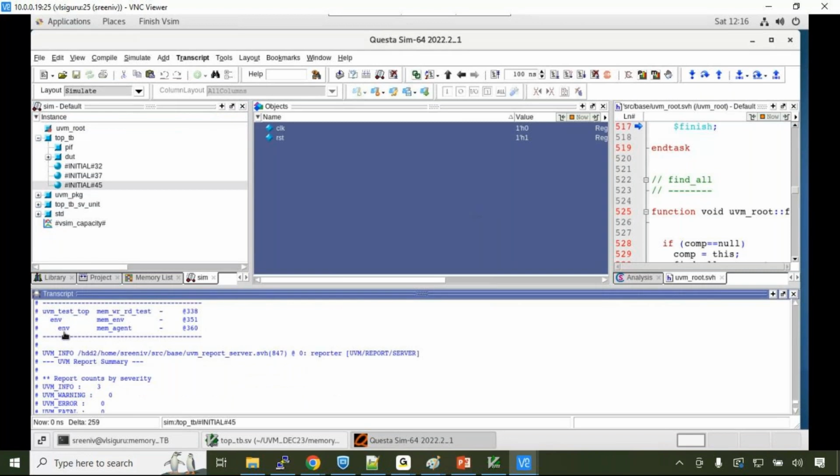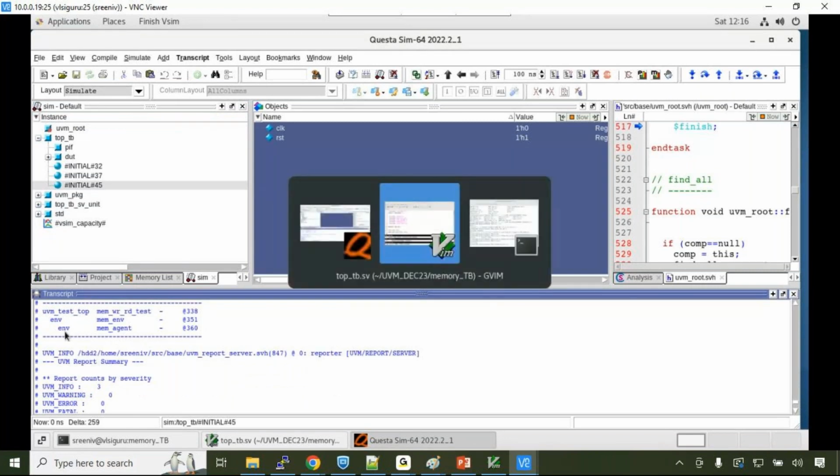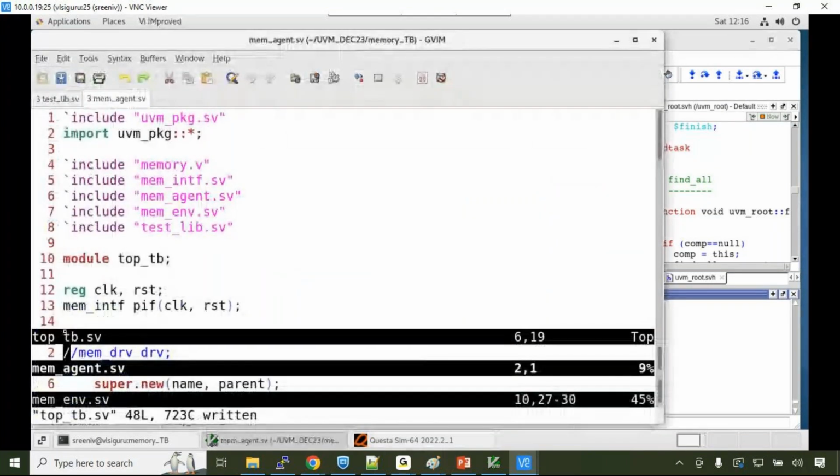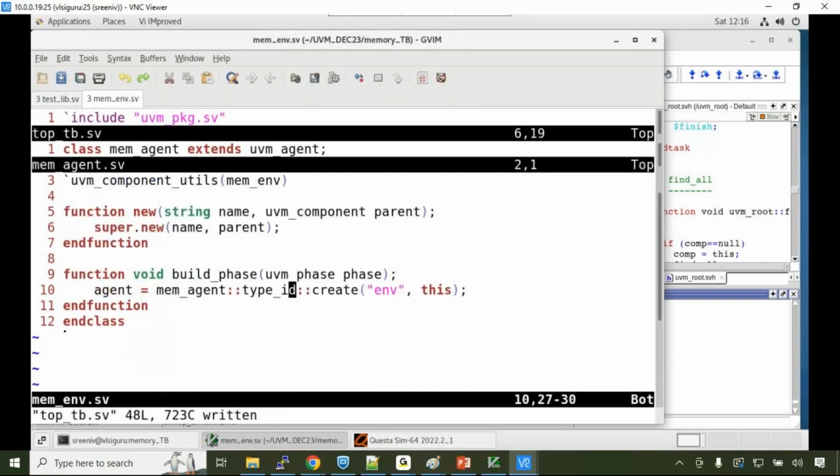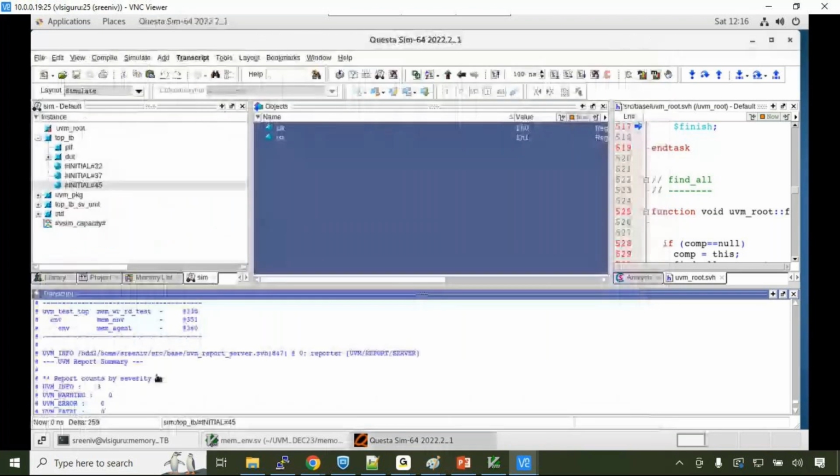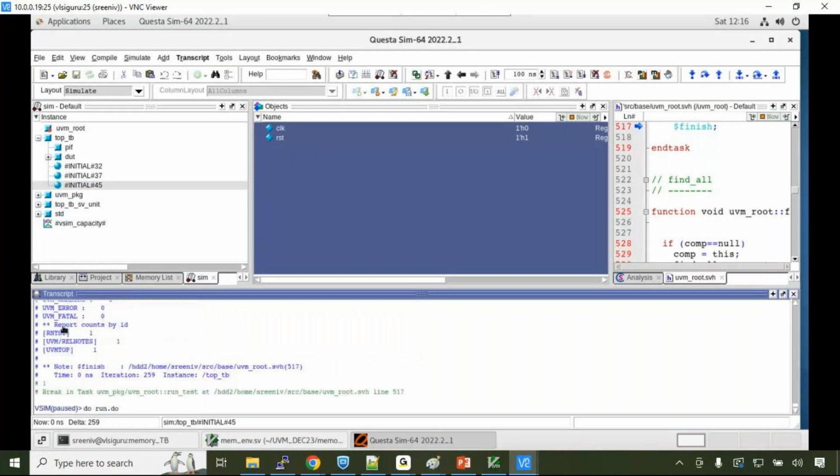Oh, the name is environment only. The reason it is coming as environment is I didn't change the name. Because of that, it should have been agent actually. See, below test, environment is there. Below environment, agent will come. I mean, if I rerun, agent will show up.